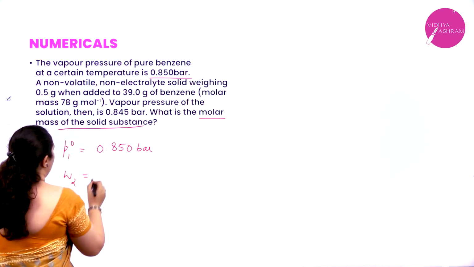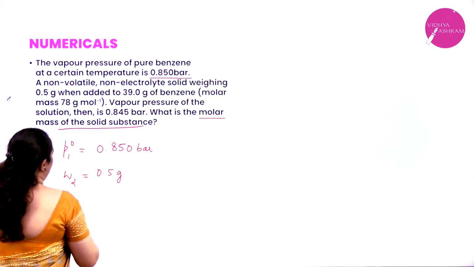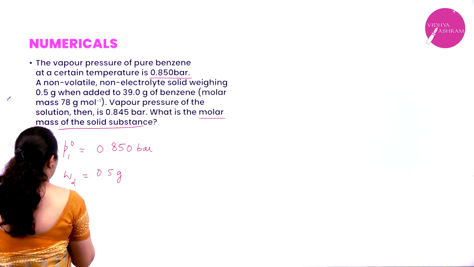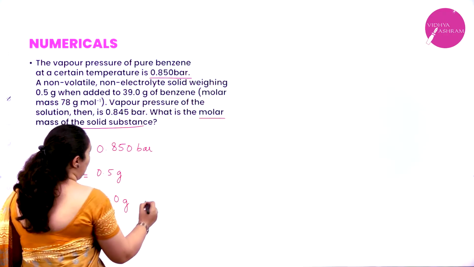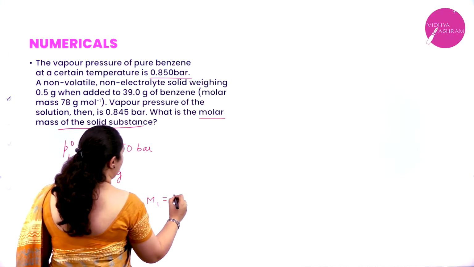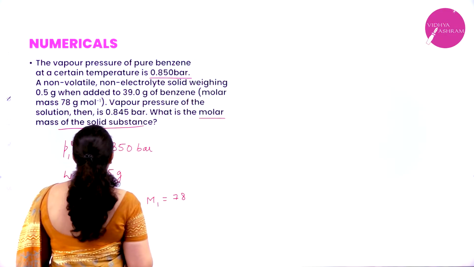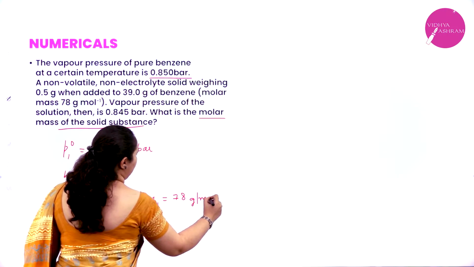So W2 is 0.5 grams. Okay. Then it is added to benzene. So W1 is 39.0 grams. Molecular mass of benzene is given, that is a solvent. So M1 is equal to 78 gram per mole. I have not written the unit, anyways I will write it.